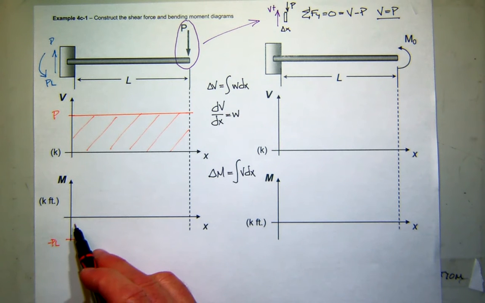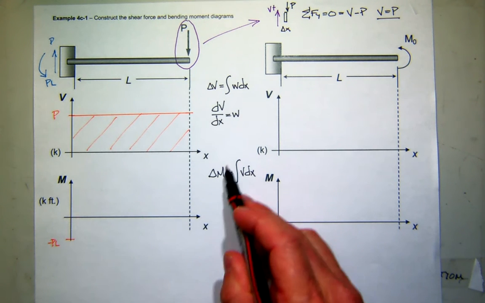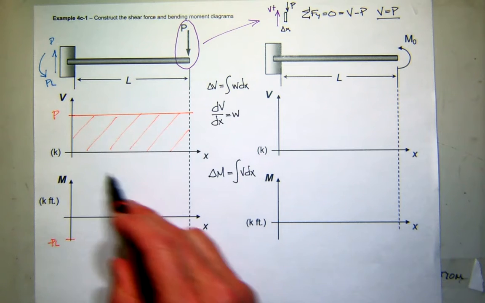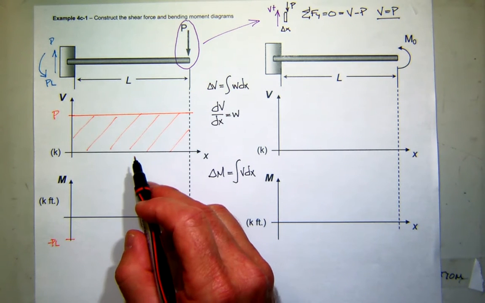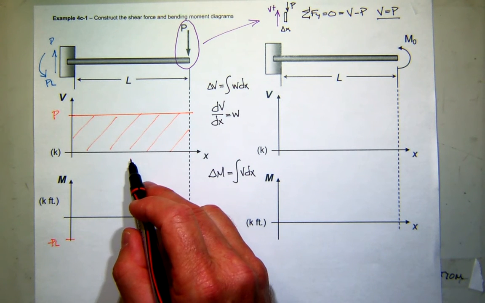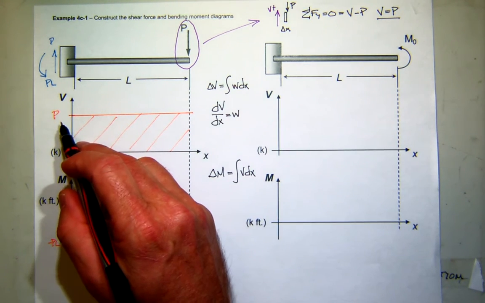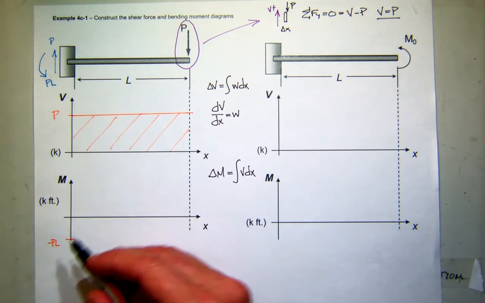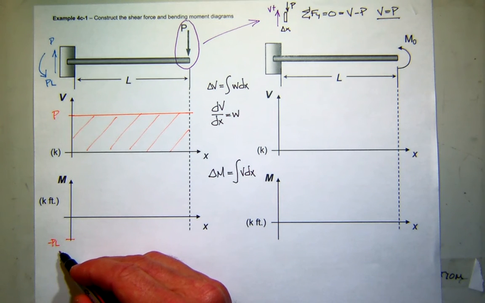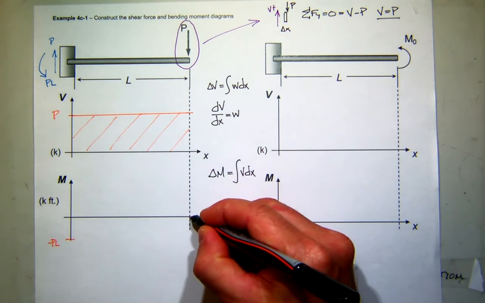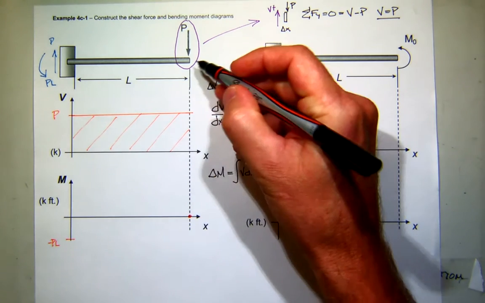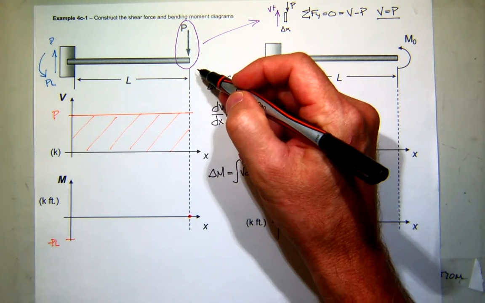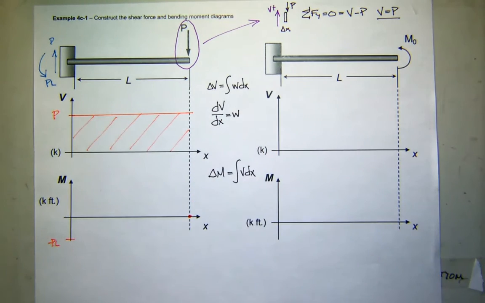So the change in moment from 0 to L should be the area under the shear diagram. What's the area under the shear diagram? It's a rectangle. Base times height. Base is L. Height is P. So positive PL. So if I start at negative PL and I add PL to it, I should get 0. Does it make sense that the bending moment would be 0 at free end? Yes, it does. In fact, we probably should have marked that point down as one that we needed to hit.